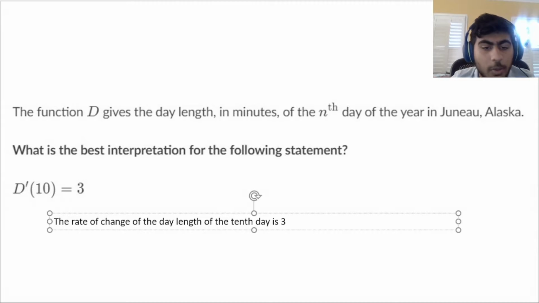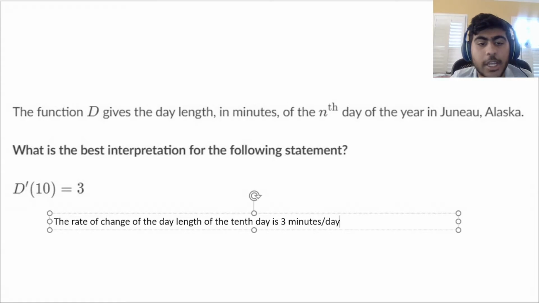And 3 what? Well, we're told that the function d gives the day length in minutes, so the initial function is in minutes. Now the nth day, so it changes per day. So the rate of change of this day length is going to be 3 minutes per day.